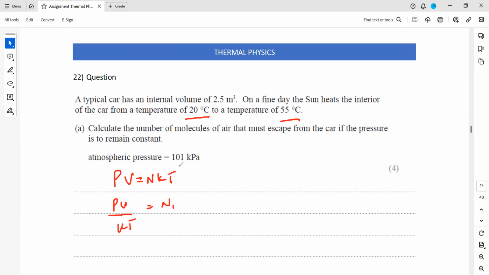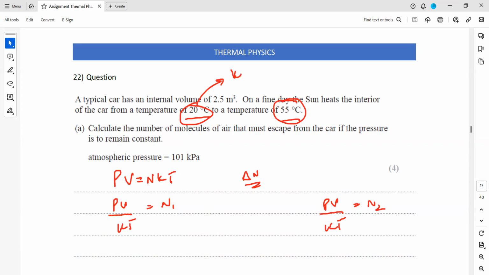The pressure does not change, as I mentioned. And k is there and T is the temperature. In the same way, we will determine PV over kT, the number of particles at 55. But remember one thing, the SI unit of temperature is Kelvin, so you have to add 273. And to know how many particles should escape, you have to work out delta N, the change in the number of particles.